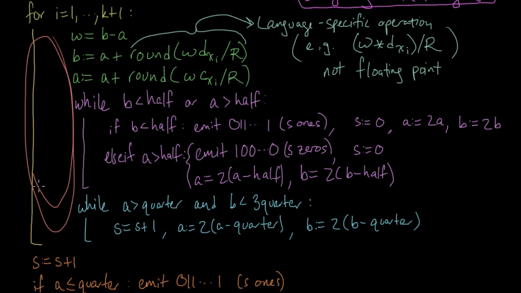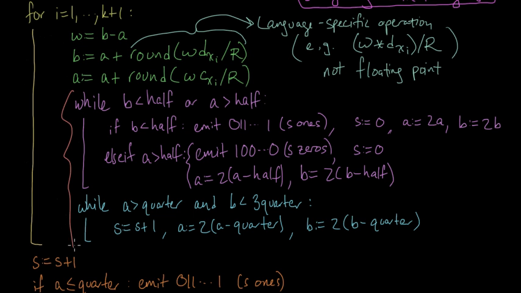During encoding, we went through this loop one time for each source symbol encoded, and depending on what A and B were, we rescaled at certain points. So we're going to do that rescaling in exactly the same way and at exactly the same times during decoding as during encoding.